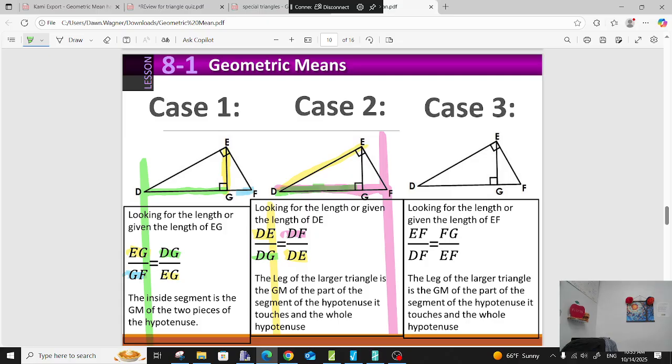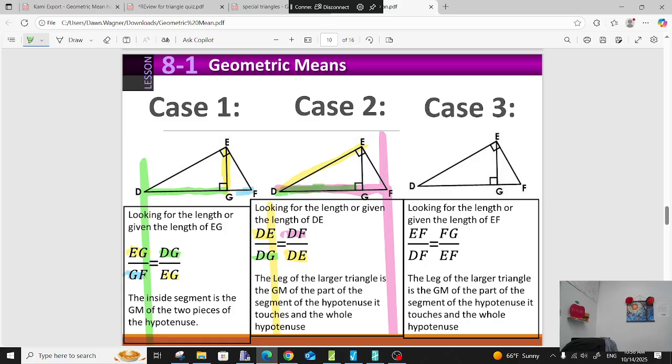Can you say that again? I need to find someone who can make songs and maybe put this in a song. So, if this is my geometric mean, the segments I would use would be the part of the hypotenuse it touches part and the whole hypotenuse.